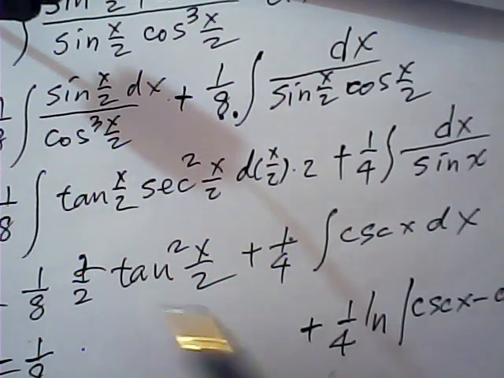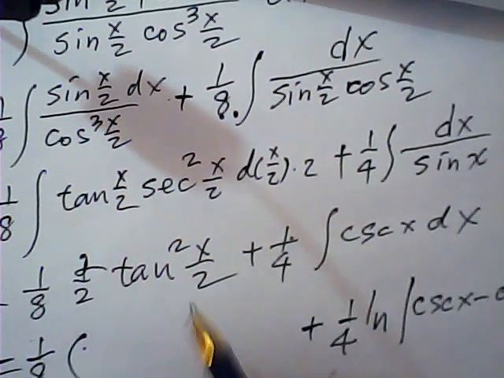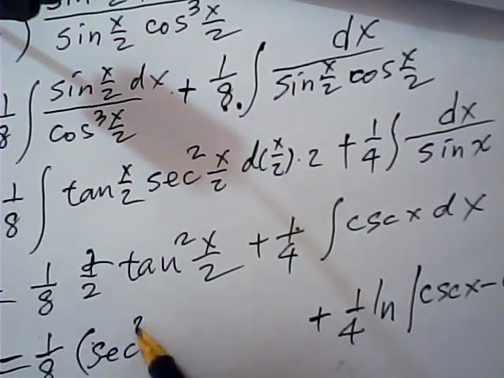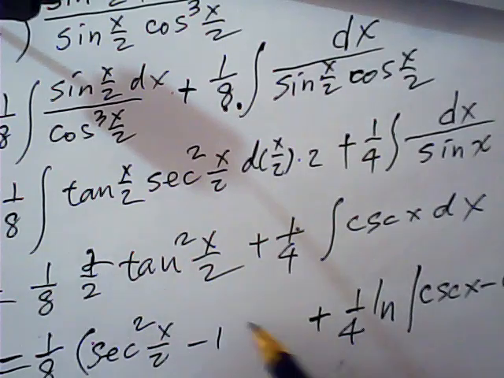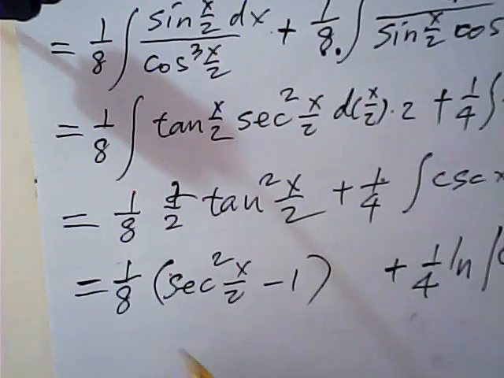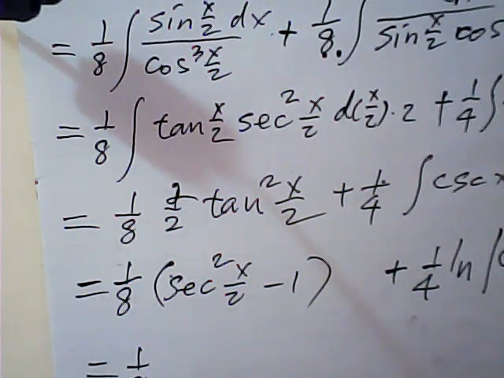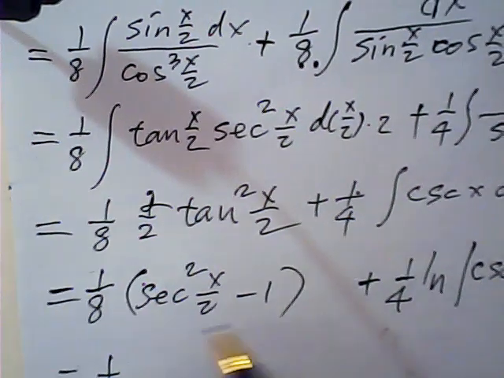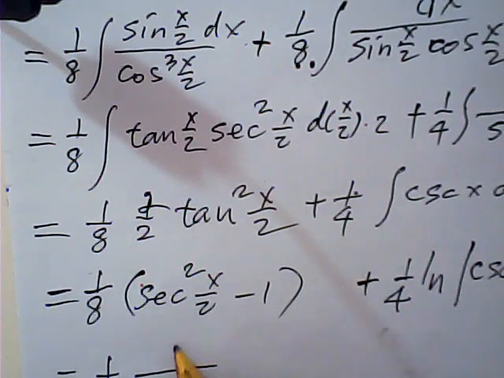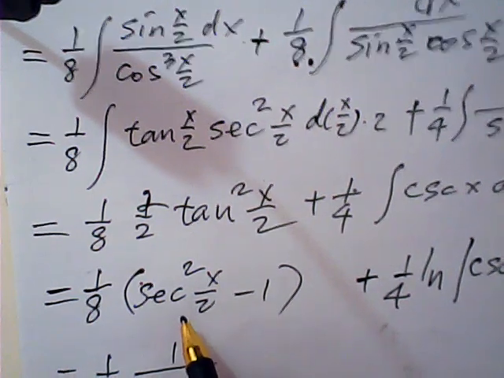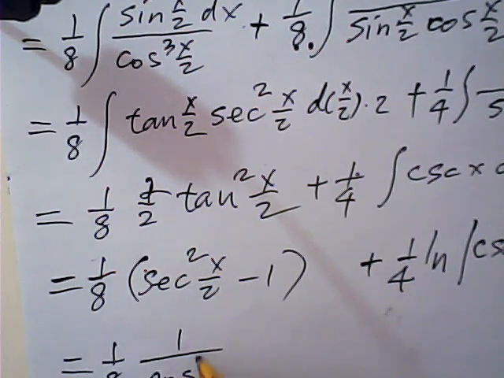Now this one, 2 over 2 is 1. I can use secant square half x minus 1. Okay, that was easier to simplify the result. So this is equal to 1/8, 1 over secant, which is cosine square, right?